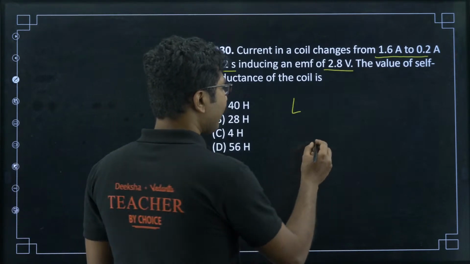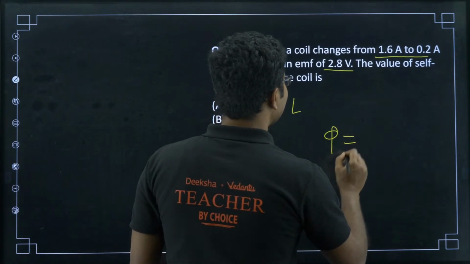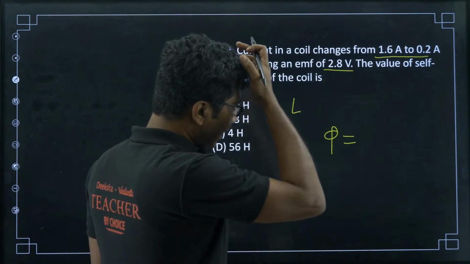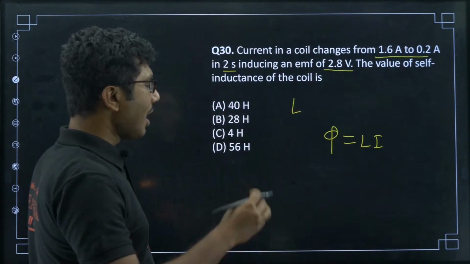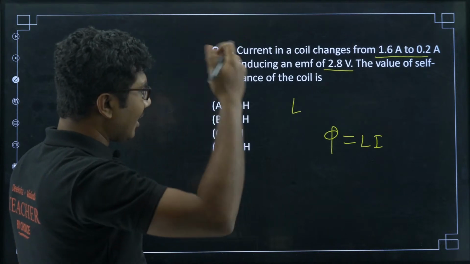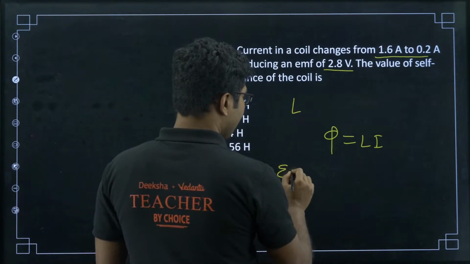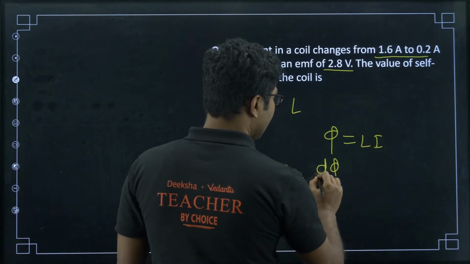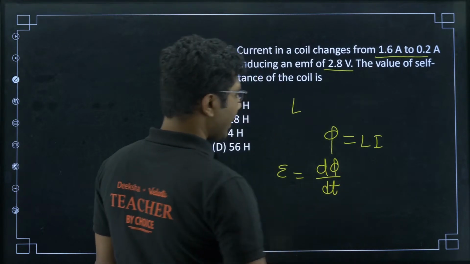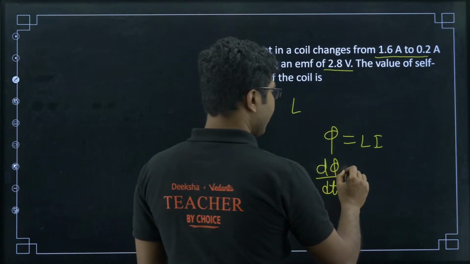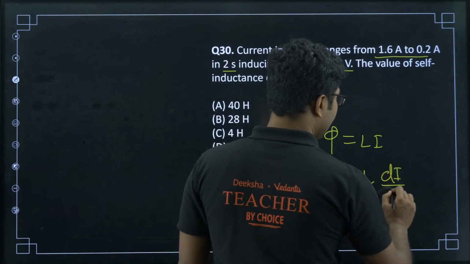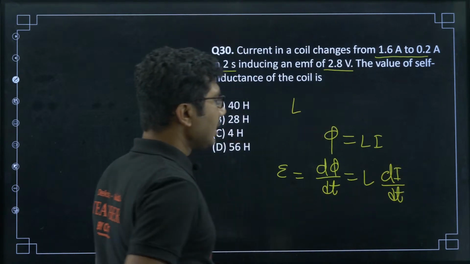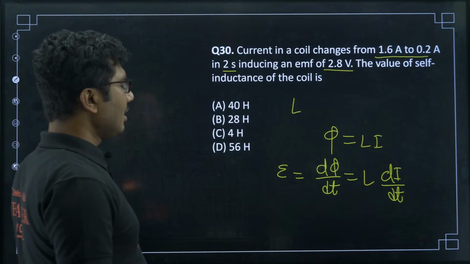So we know that flux is basically given by L into I. Flux is L into I, right? Now induced EMF is d phi by dt. Okay. So if you put this value over here, you will get L di by dt. Okay. So L di by dt is the induced EMF.